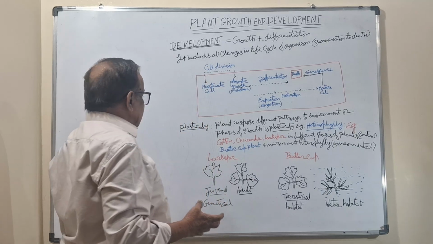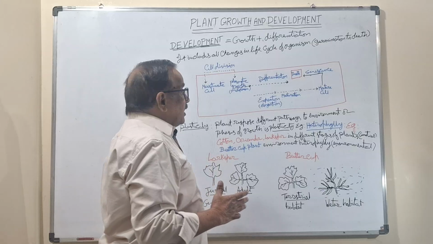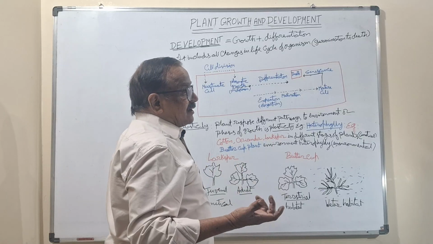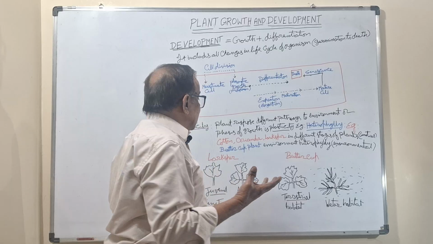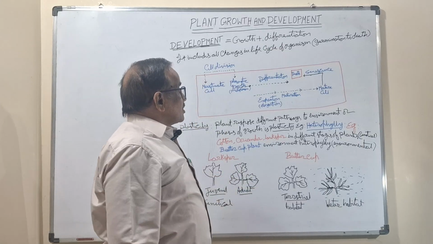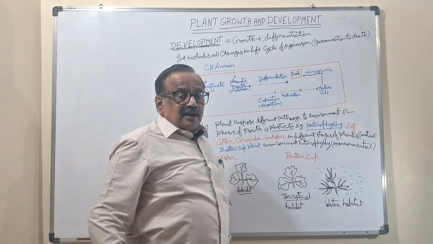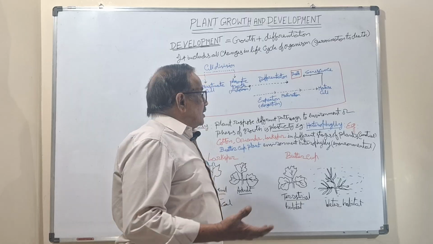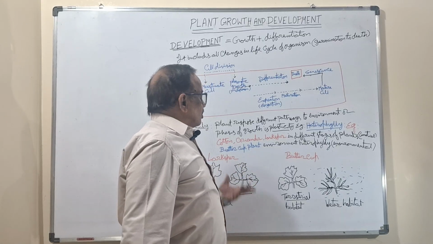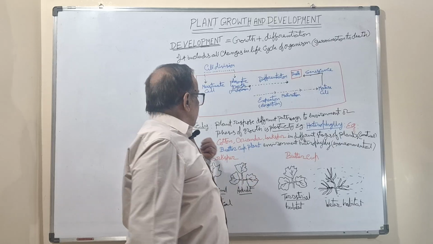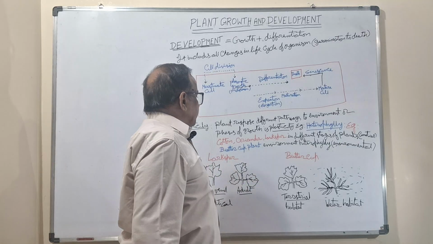Now, the plasticity is given. What is plasticity? It means the plant responds through different pathways to the environment or to different phases of growth, and growth here means growth and development, so it comes under development.